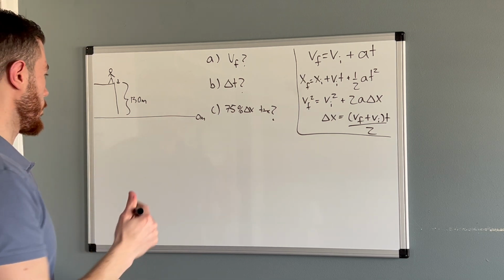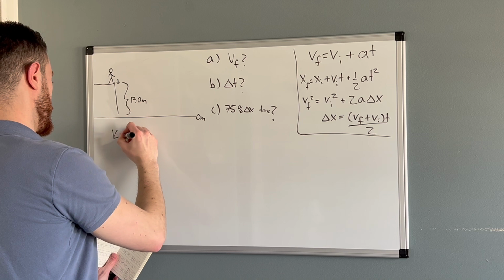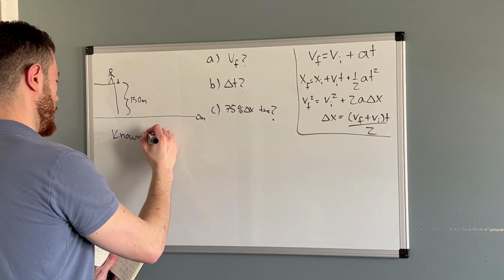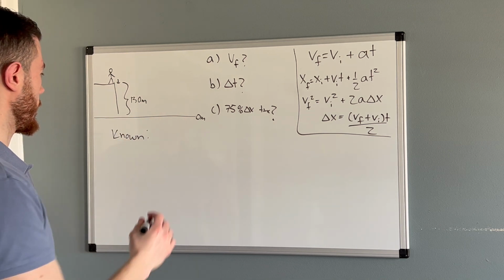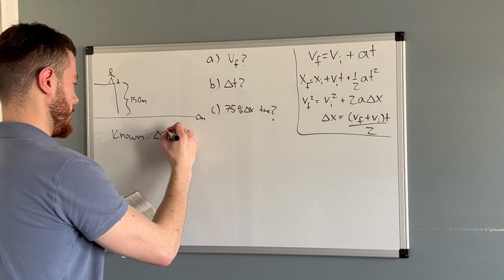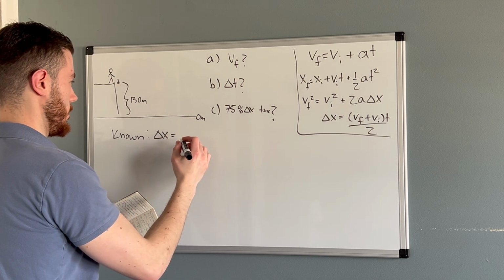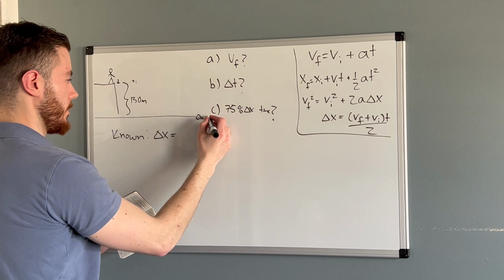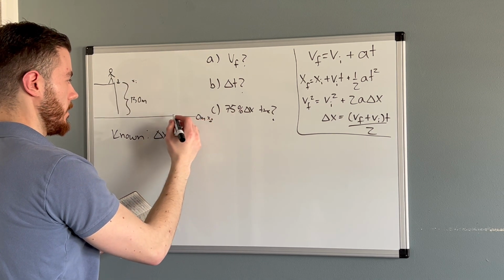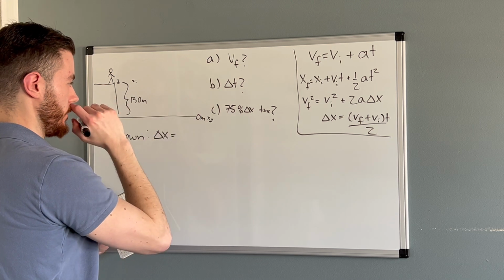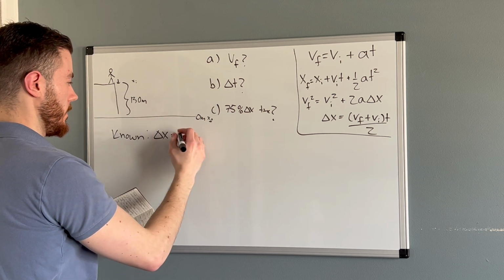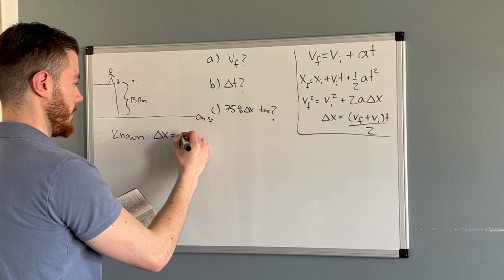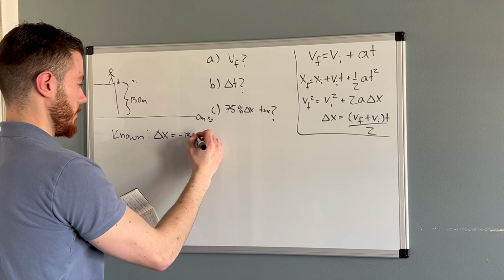So what do we know? We know that delta x is, so if this up here is xi and this down here, 0 meters, is xf, this minus this would be negative 130 meters.